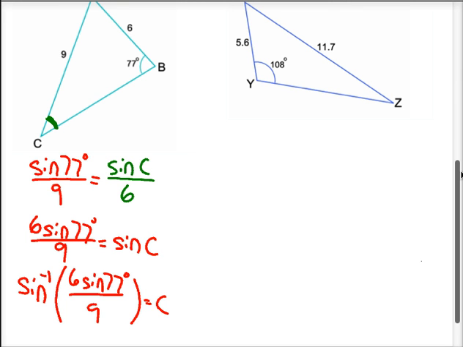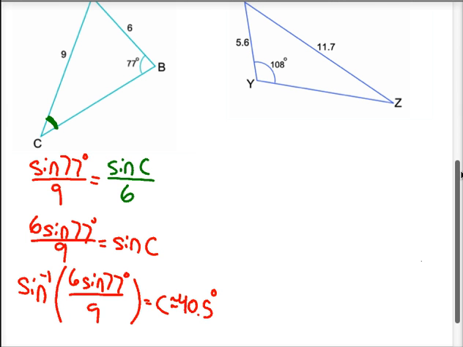If you're careful, you can type this in all at once. You're just going to have to be very careful with how you use parentheses. So inverse sine of 6 sine 77 divided by 9. So again, just make sure you're using parentheses carefully, and you will get 40.5 degrees.